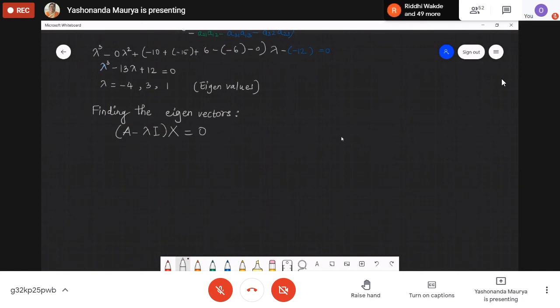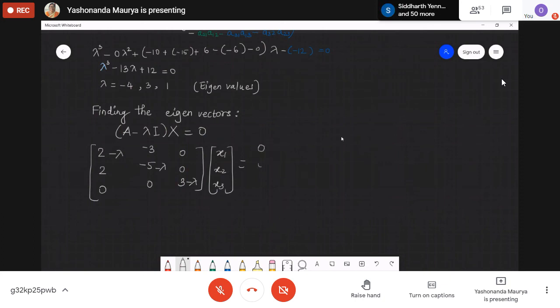So we'll write down the matrix here, 2, 2, 0, minus 3, minus 5, 0, 0, 0, 3, minus lambda on the diagonal, in matrix form multiplied by x. Now what will be this x? It's a 3 by 3 matrix, so the vectors that we are going to get will be 3 cross 1. It will be x1, x2, x3. And here also the 0 vector will be 3 by 1.